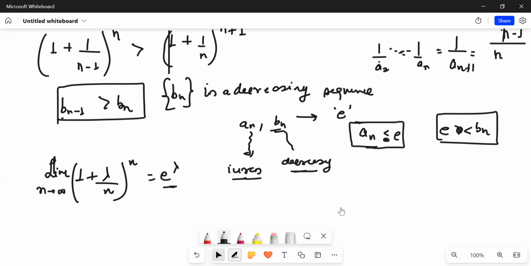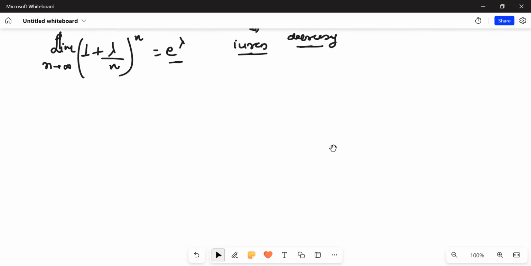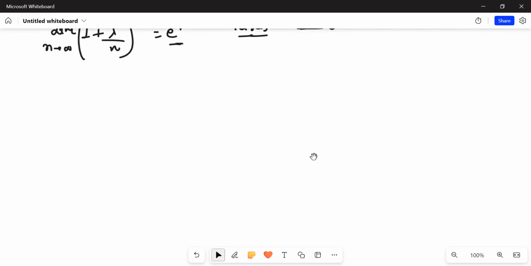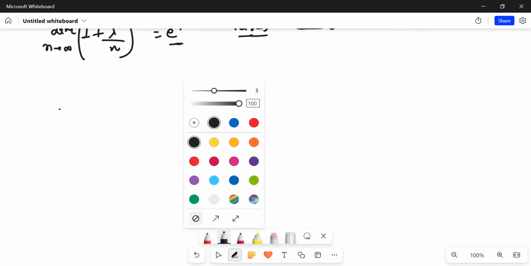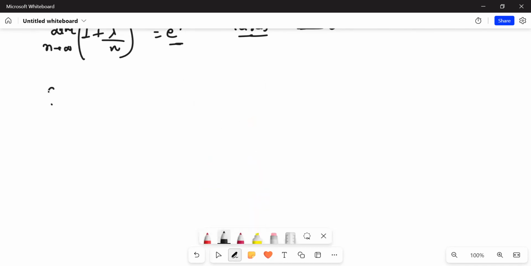Okay. Now let us move to one important thing that can be looked at. Just consider a sequence an. Now forget that an, and consider this as, let's say, capital A, which is given by 1 + 1/1! + 1/2! + 1/3! + ... + 1/n!.